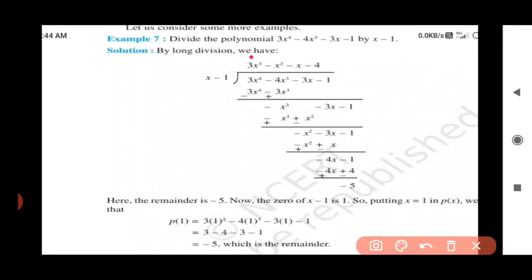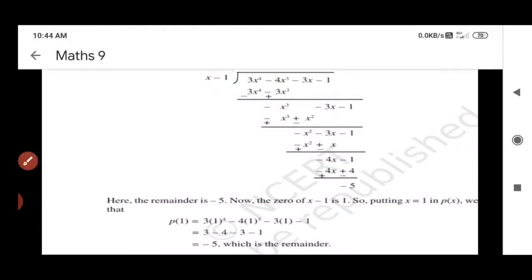Again multiply 3x cube into x, 3x power 4. 3x cube into minus 1, minus 3x cube. Change the sign. 3x power 4 minus 3x power 4 is 0. Minus 4x cube plus 3x cube, you get minus x cube. The remaining terms are minus 3x minus 1.